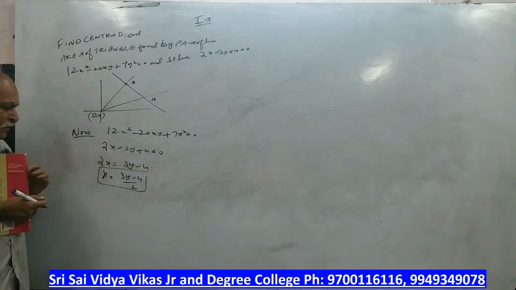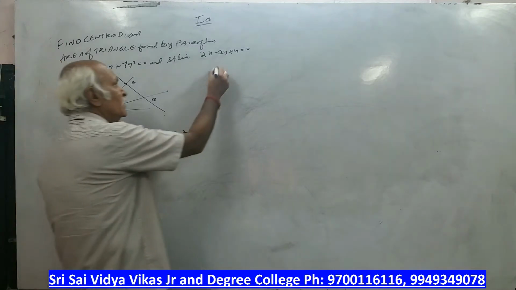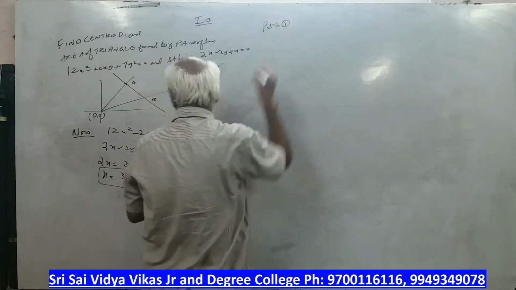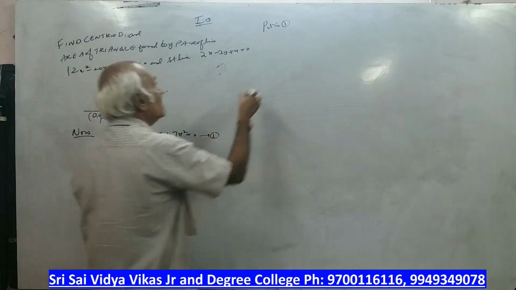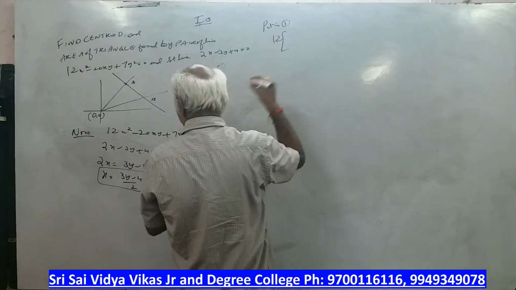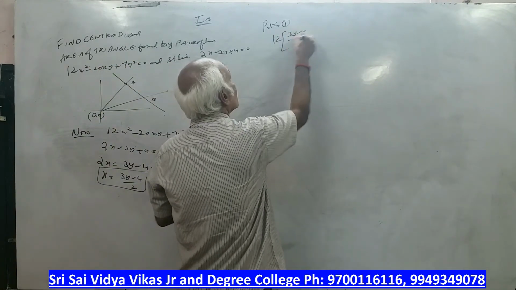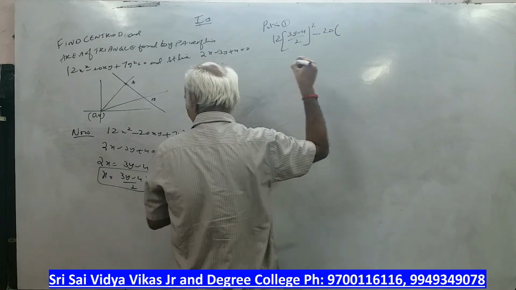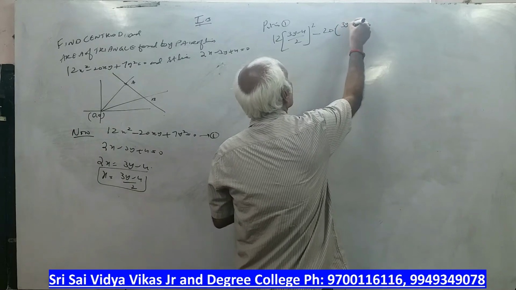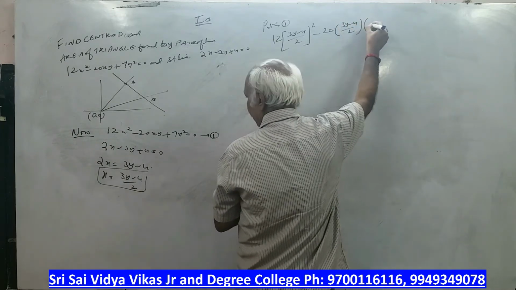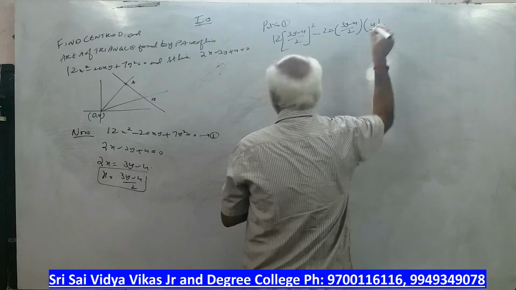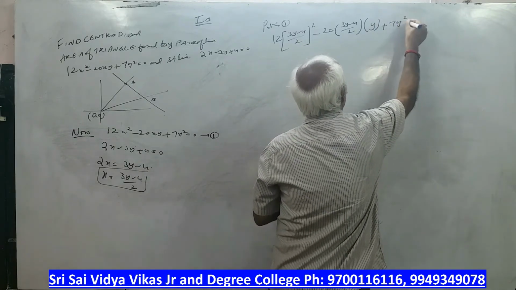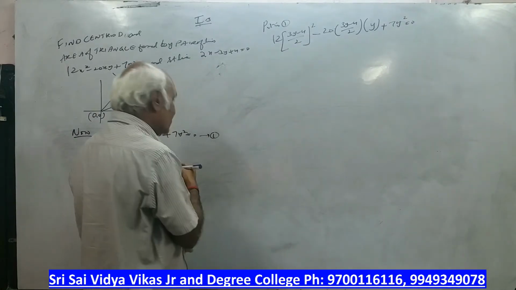Put this x value in equation number 1. So 12 into x square means (3y minus 4 by 2) whole square, minus 20 into x, which is (3y minus 4) by 2, into y, plus 7y square. So I have replaced x with this value.